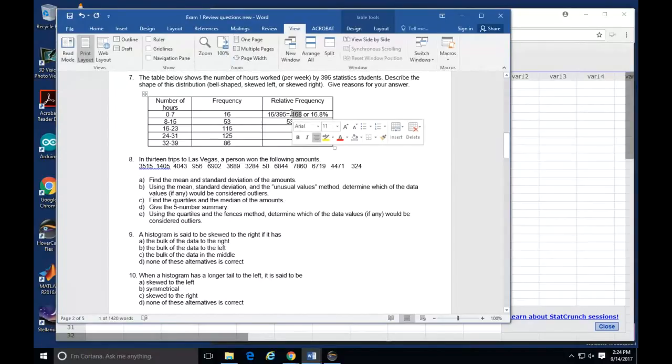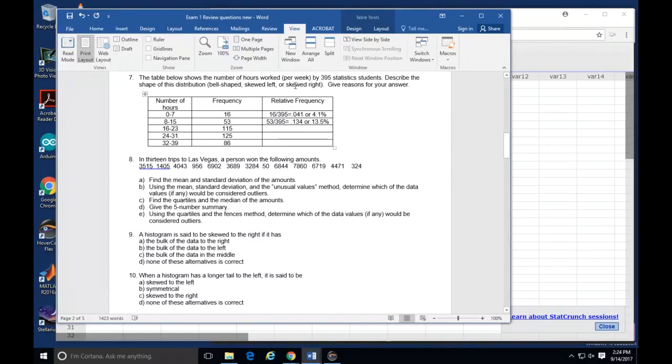Okay, so this one is actually 0.041. Okay, this one comes out to be 0.134. So that would be the same as 13.4%. To get the entire relative frequency distribution, we would just keep doing the same thing. We divide each one of these by our total of 395.